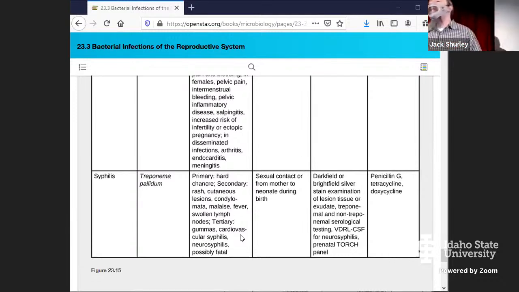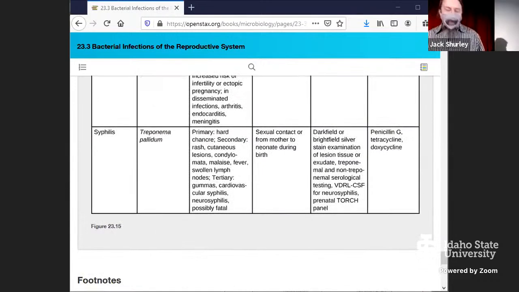There's all sorts of other serious ill effects, cardiovascular and neurosyphilis, all setting the stage for possible fatal consequences. So again, sexual contact or transit through the birth canal, and some microscopy, some immunodiagnostics, looking at antibody to detect with that. And that's it with that.